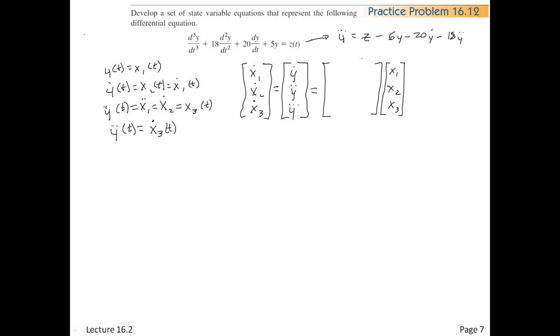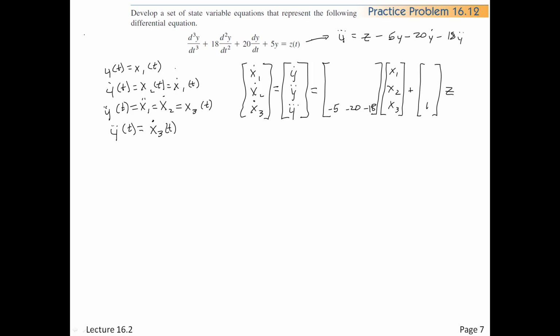So I can fill out the whole bottom line quite easily, starting with minus 5, minus 20, minus 18. Then the only thing missing is to add plus z.